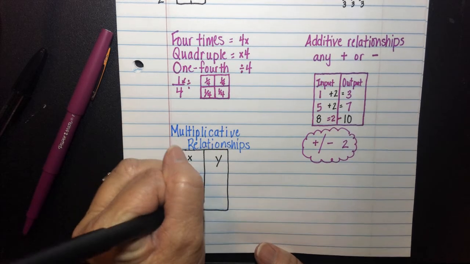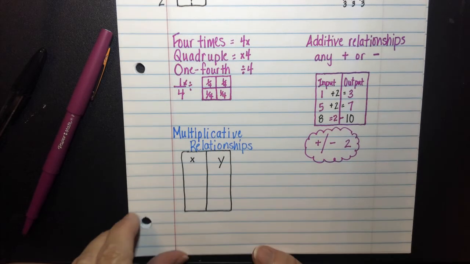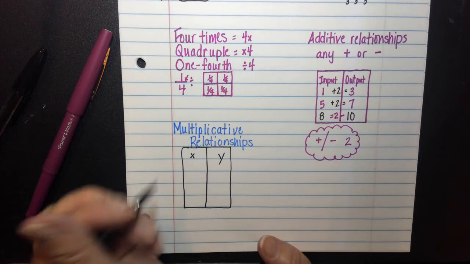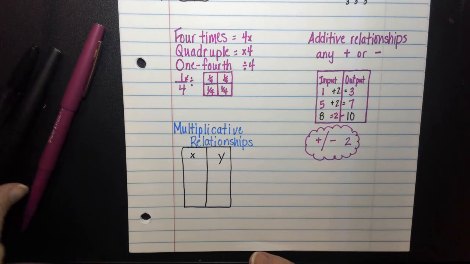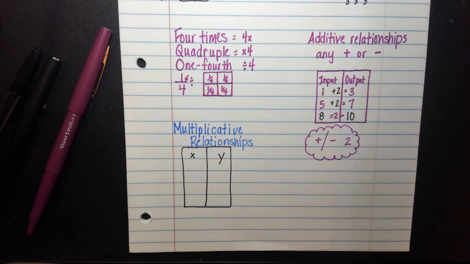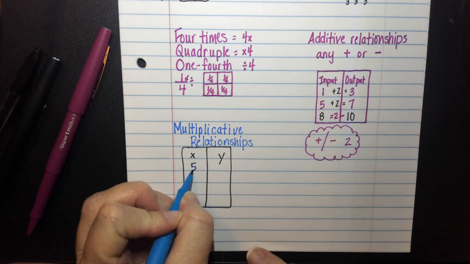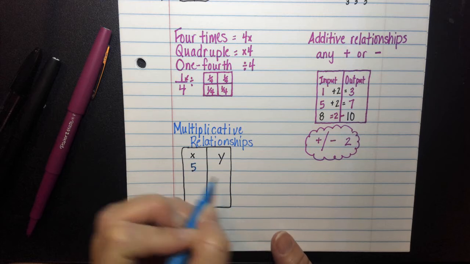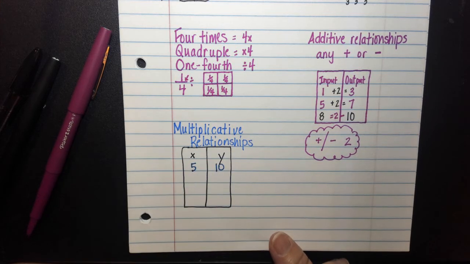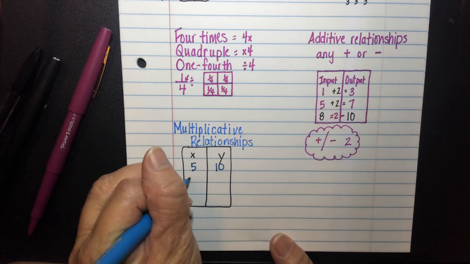Cut it down the middle. And we'll make this one a pretty easy one. So if I start on the left with the number 5 and my Y number is 10, probably thinking about what can happen there. This should help clear your thinking.